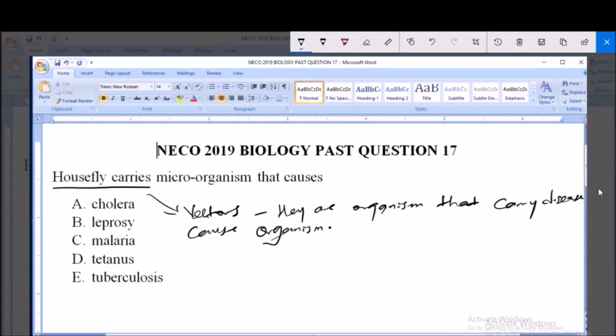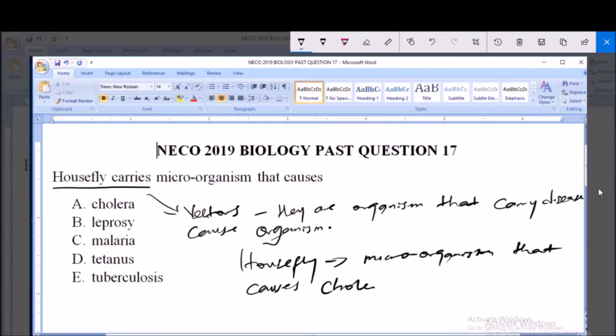In other words, they are simply organisms that carry pathogens. Now, housefly carries the pathogen or the microorganism that causes cholera, and that is option A.